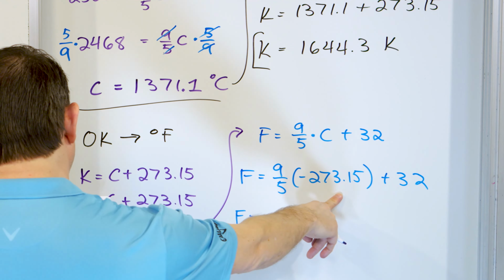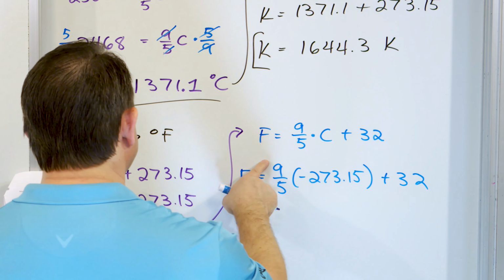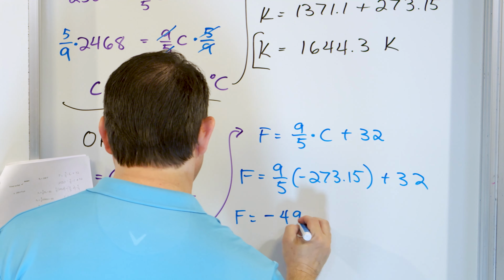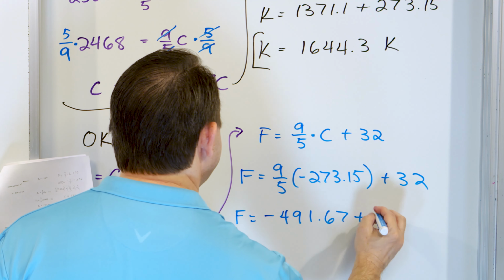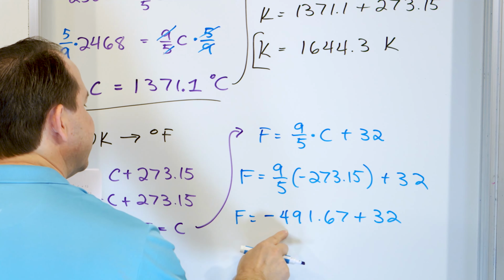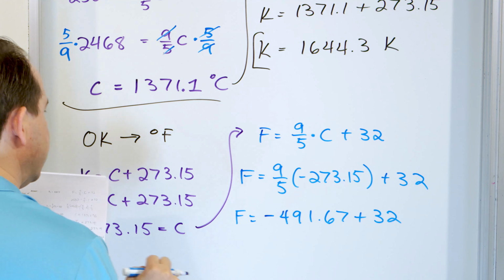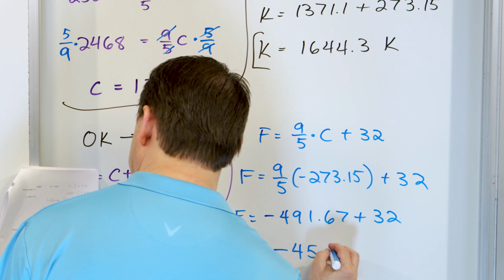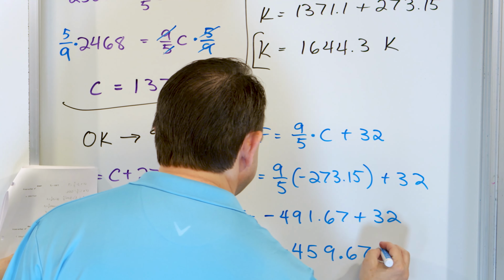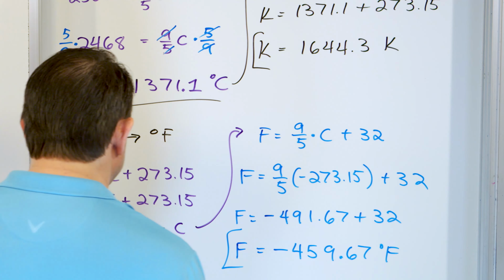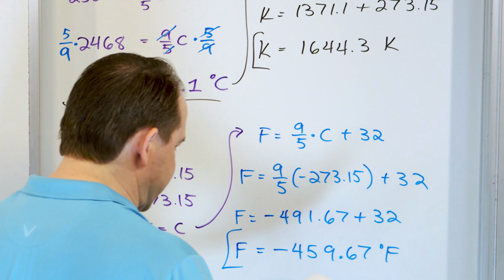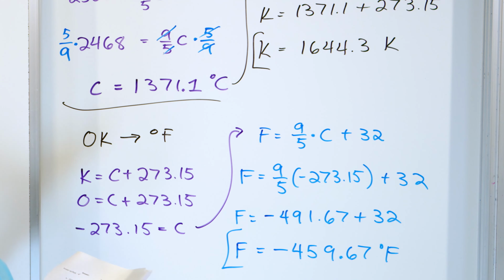When you take negative 273.15 and multiply by 9 and divide by 5, you get negative 491.67, and you have to add that 32. So this becomes negative 491.67, add the 32, and you get negative 459.67, and that's degrees Fahrenheit. It's just a very large negative number, negative 459.67.